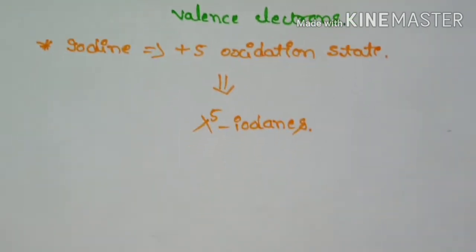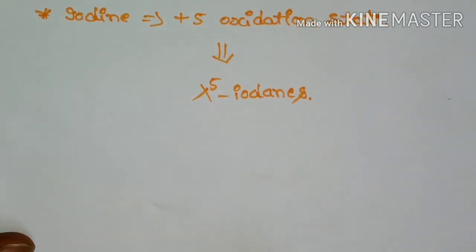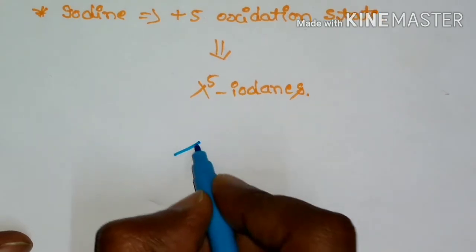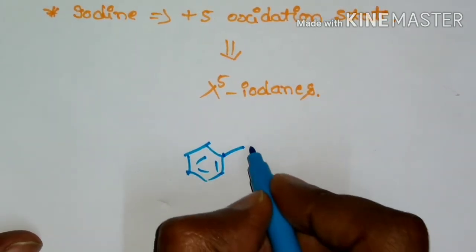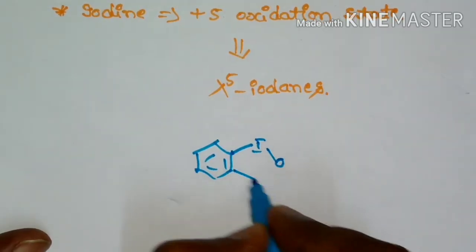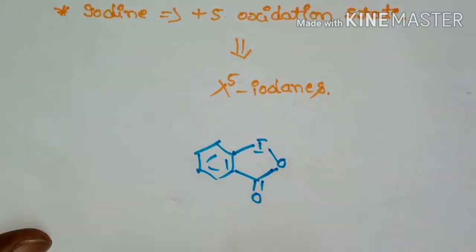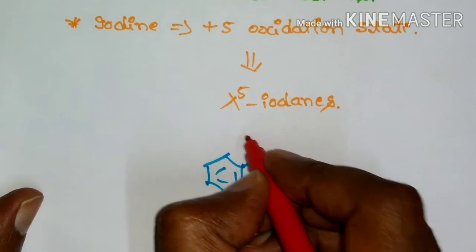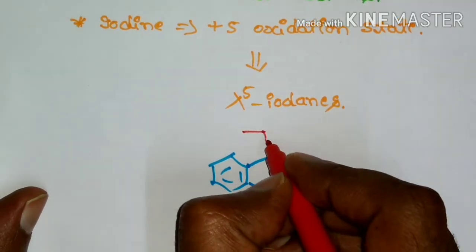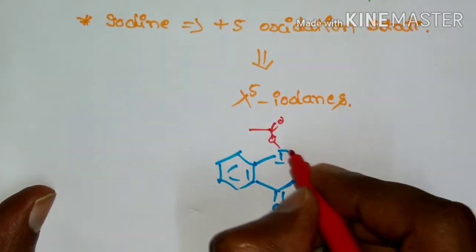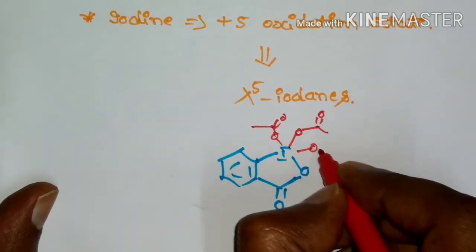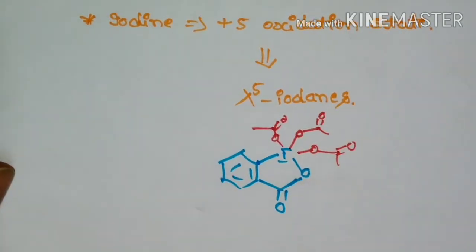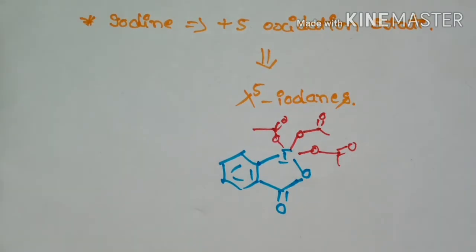And if you see the structure of this DMP, so this is the structure of Dess-Martin periodinane.